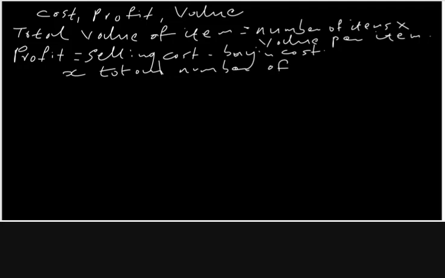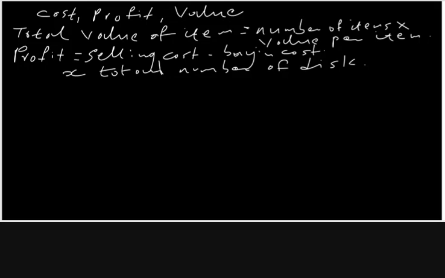So that's the total number of discs purchased. Then the selling cost is equal to the number of items sold times value per item.